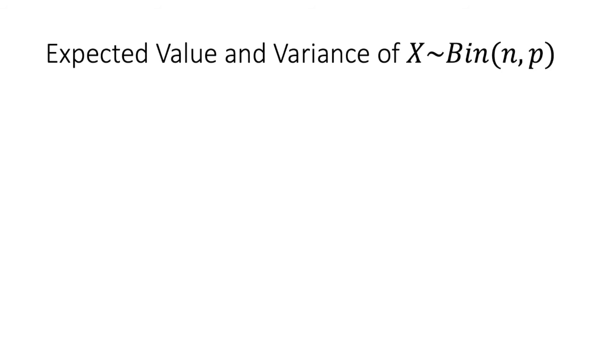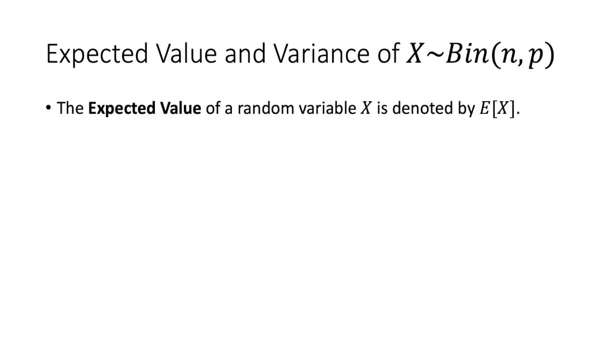In probability and statistics, we are often concerned with what value of a random variable we expect to see on average and how much that value of a variable typically varies. The value that we expect to see on average is called the expected value, and its variability is represented by the variance. The expected value of a random variable x is denoted by E of x, as appears on your screens.